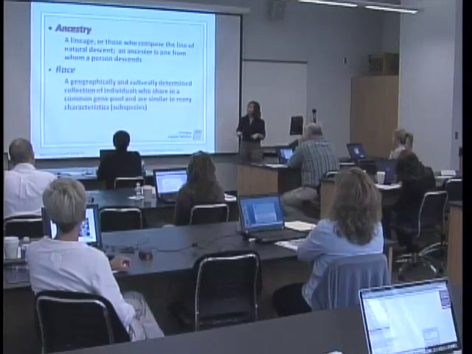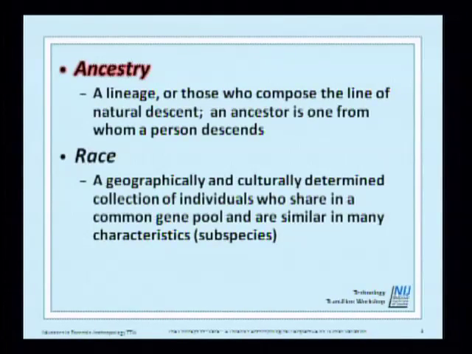So ancestry, what does ancestry mean? Basically, it's a lineage, or those who compose a line of natural descent, so someone who descends from a particular line. Race is determined geographically and culturally, so you have geography and culture in there, who share a common gene pool and are similar in many characteristics.